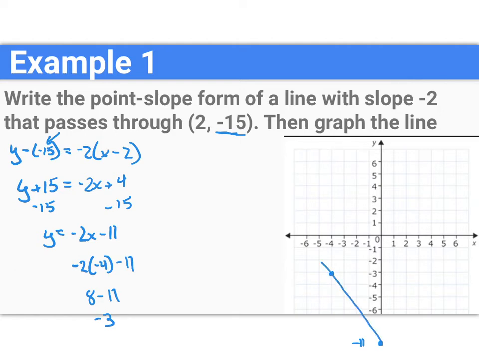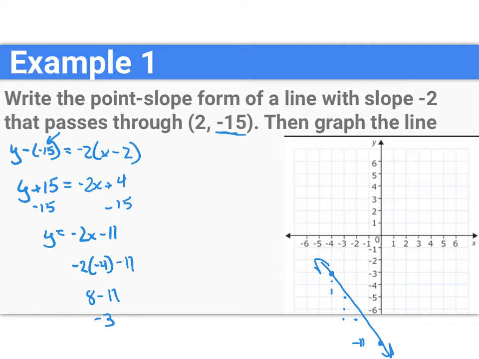So this is not the greatest line because my graph didn't go that far. I guess my point should have been over there. If I go down 2 and over 1, I should have been at there. 3, -5, 1, 2, 1. -2 would have been at -7.